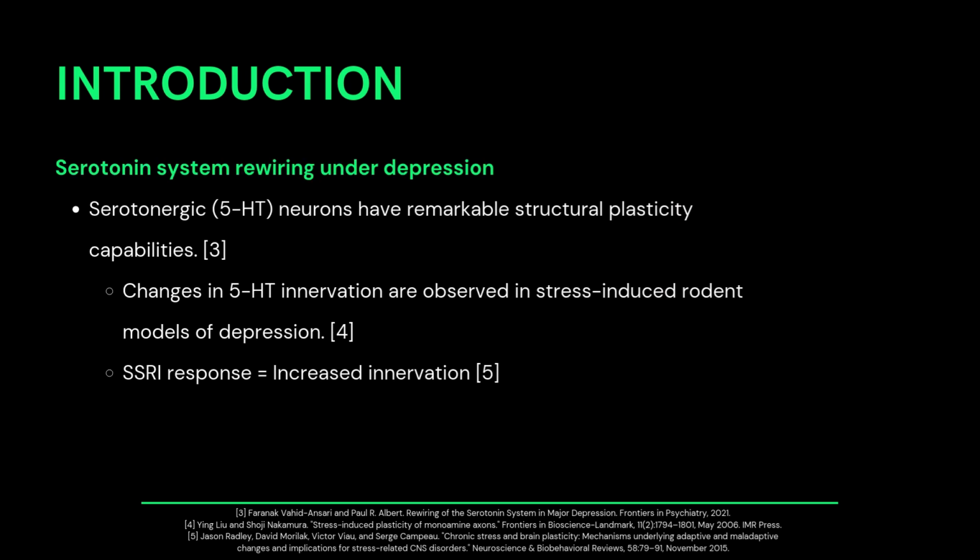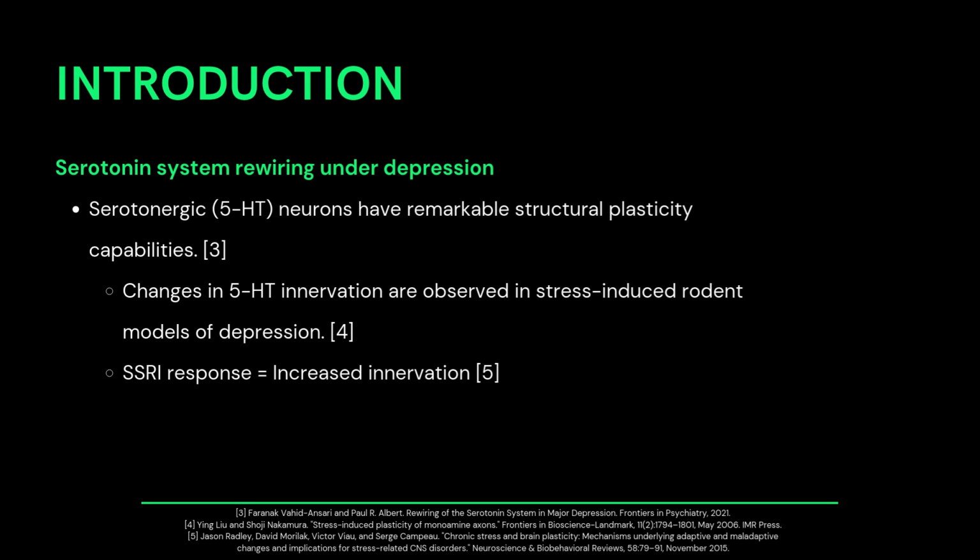Now, serotonergic neurons have remarkable structural plasticity capabilities, being able to regrow and alter upon behavioral and neurotransmission alterations, such as during depression. And just from the literature, I wanted to highlight two key findings and the overall trends. One, changes in innervation are observed in stress-induced rodent models, and these changes are observed throughout monoamine neuritic structure studies.